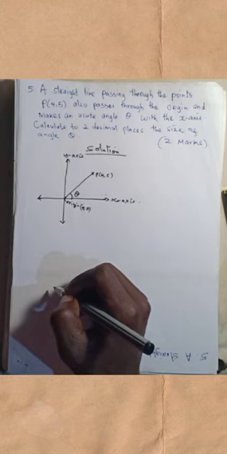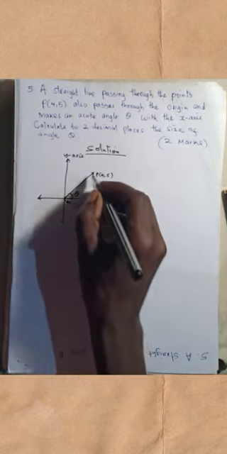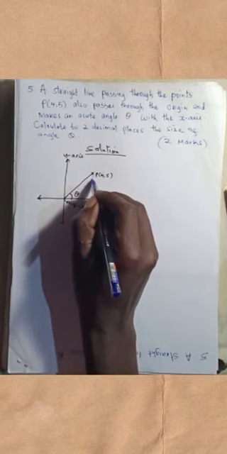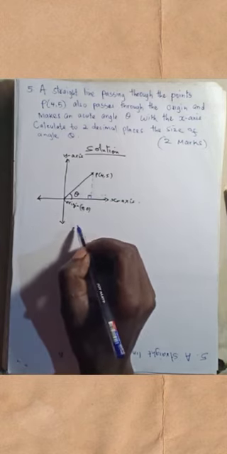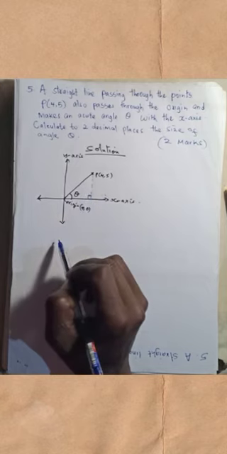We shall apply the concept of the trigonometric ratios here. Let me join the point P to the x-axis vertically. If I join the point P to the x-axis, it makes an angle of 90. So it will give us a right angle triangle.